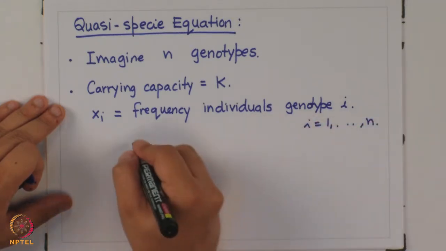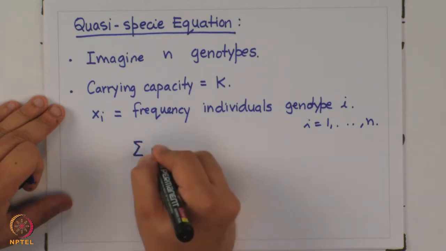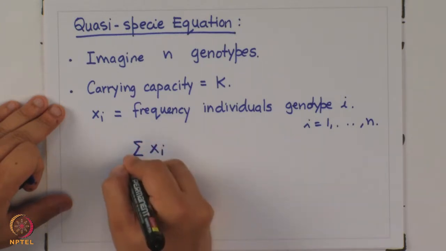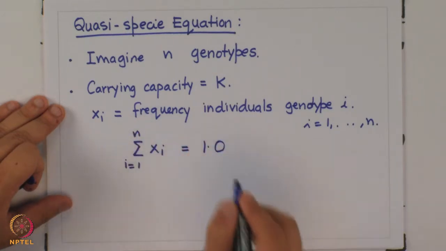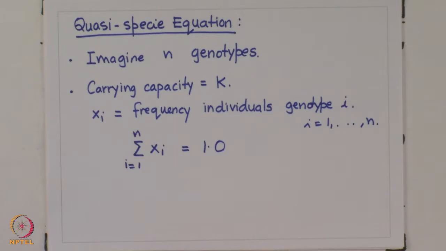We have done this before, so this should immediately tell you that this automatically implies that the sum of x_i, i going from 1 to n, is just equal to 1, because x_i is just the fraction of individuals which belong to a particular genotype i.